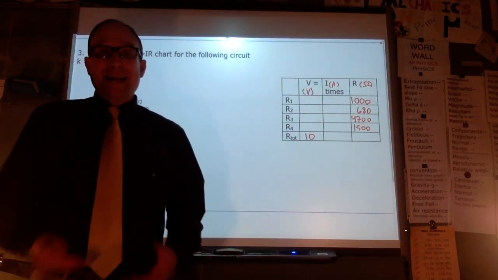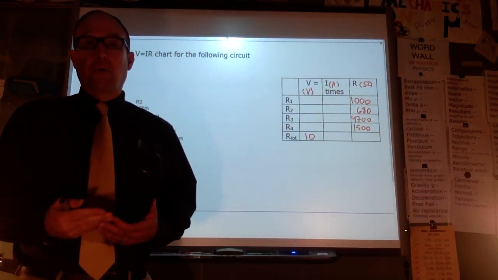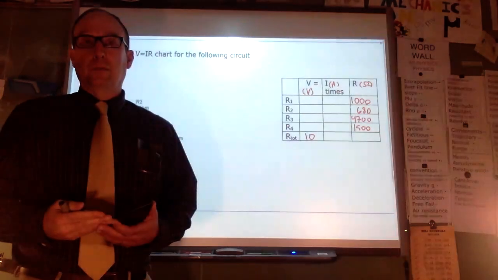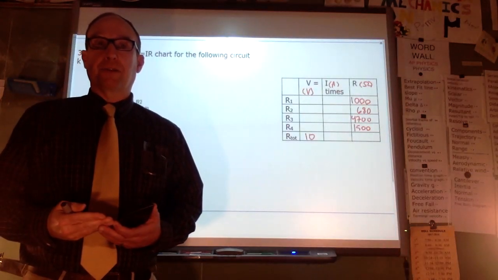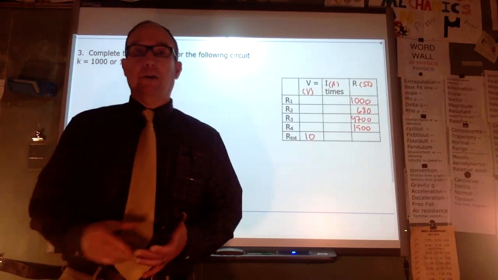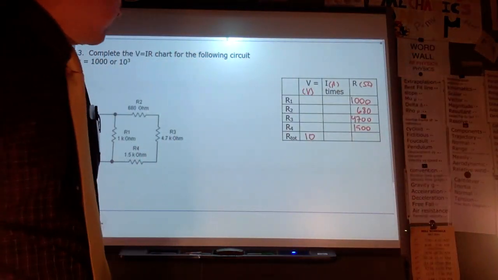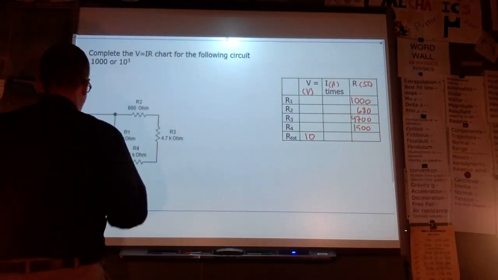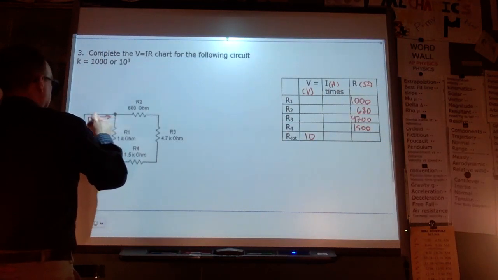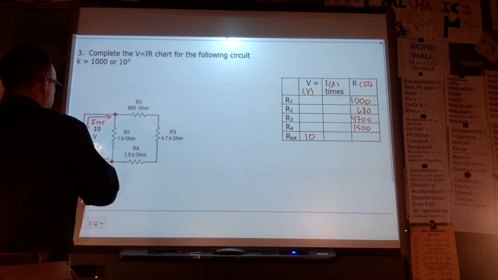All right, so it's not as simple as we had it before to combine the resistors because I have some that are parallel and some that are in series. So if I look at my current, here is I total coming out, here is I total going in. This has to be the same.